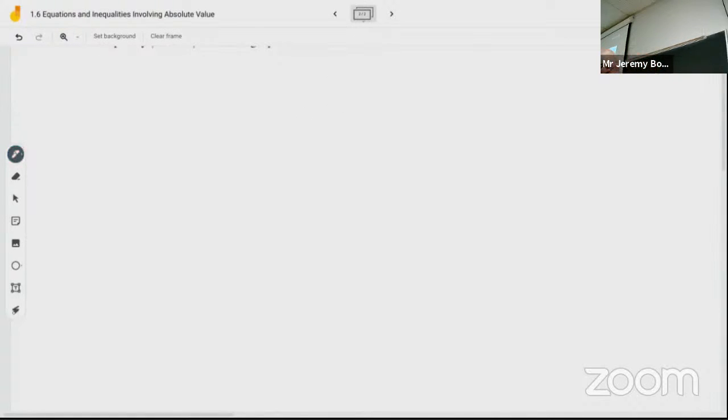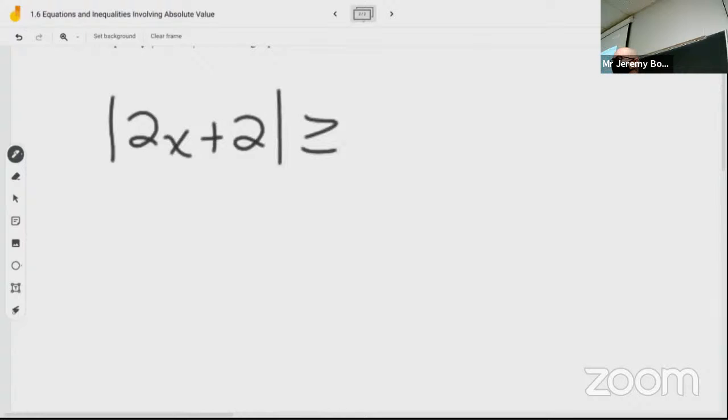So what do we have? The absolute value. Oh, that's such a nasty problem. I'll make up my own. Of 2x plus 2 is greater than or equal to 6.